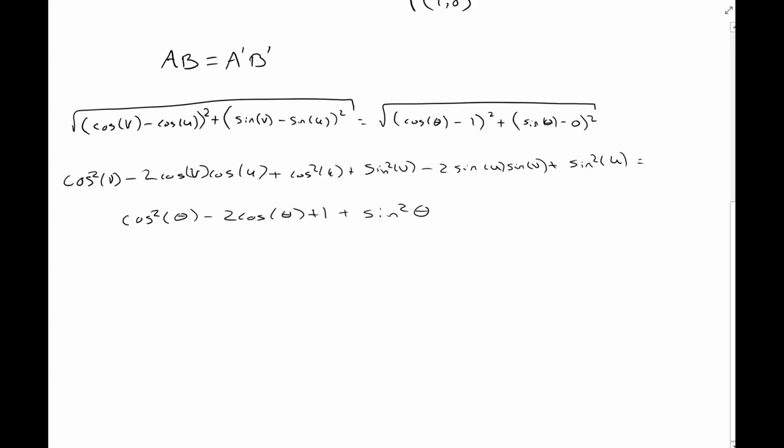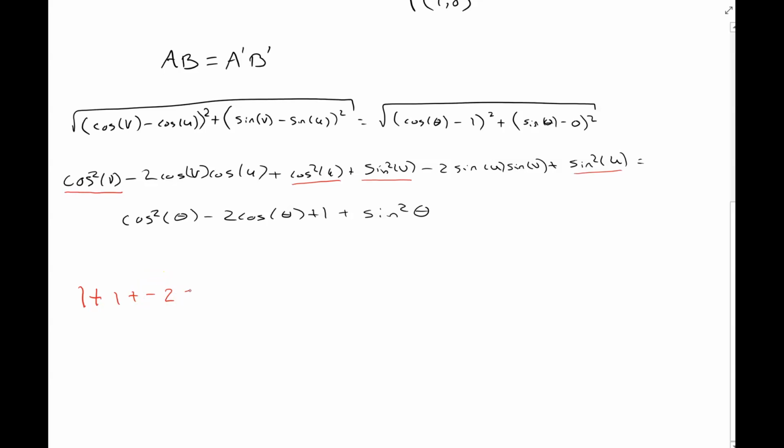All right, let's look at what we have going on here and see what I can simplify. I see a cosine squared v plus sine squared v. That's 1. I see cosine squared u and sine squared u. That's another 1.